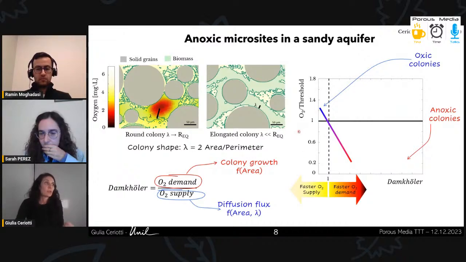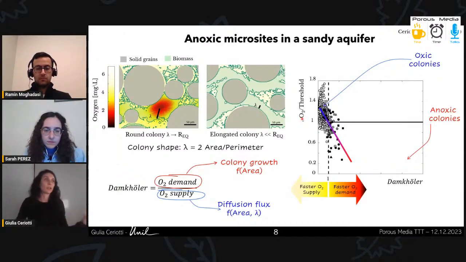On the y-axis, we have the real oxygen that we measure inside our colonies, because we have the oxygen map. So we can characterize each colony with its own oxygen concentration. And if I plot all the colonies that we observed in our system, you can see that indeed our interpretation is quite correct. We have a lot of colonies clustering here that probably are not big enough or are elongated, so they stay oxic.